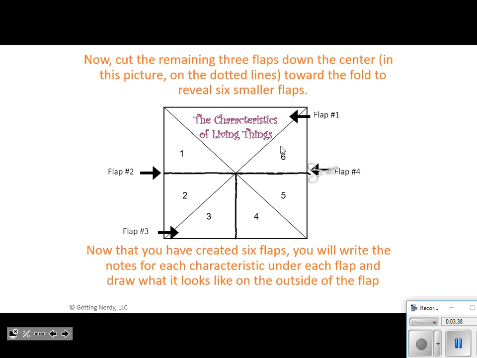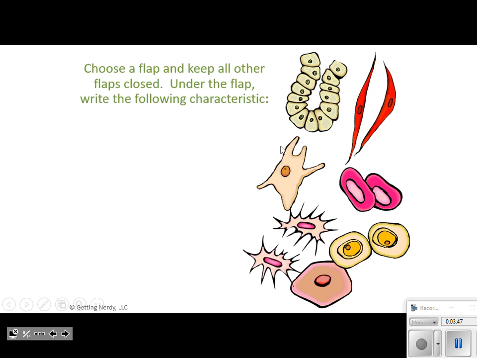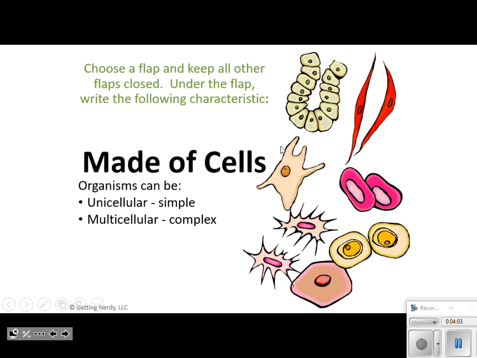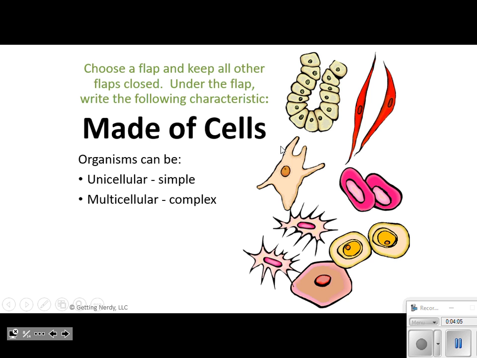You are going to be able to use this to study for your 6 characteristics of living things. So choose one flap, keep all other flaps closed. Open up one flap. Under that flap, write the following characteristic.